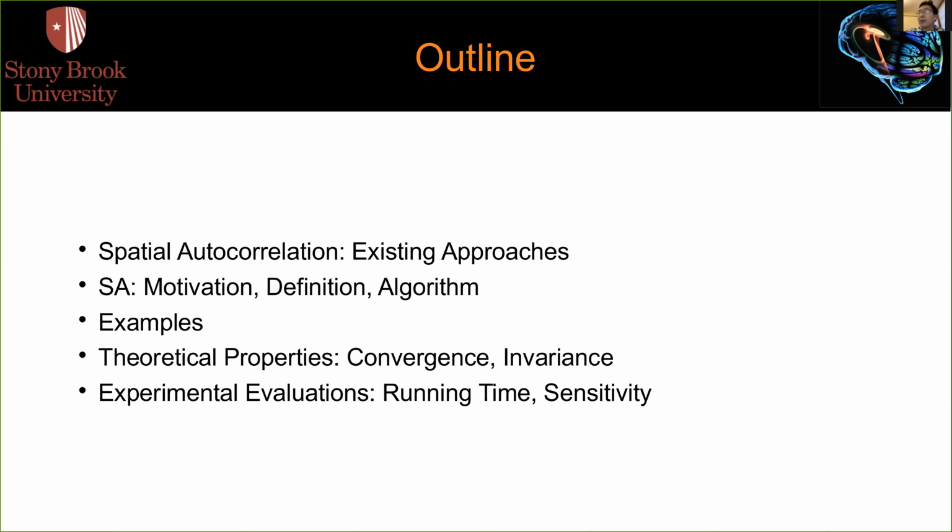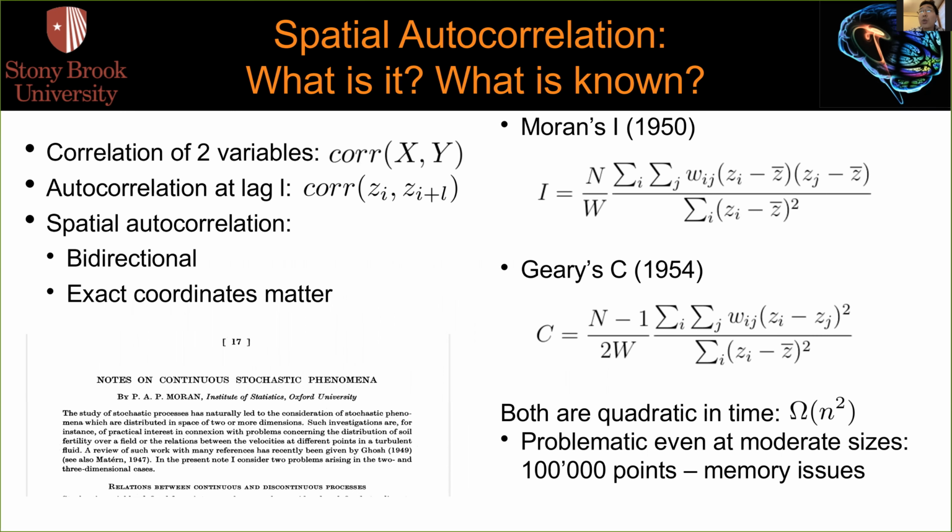So what is spatial autocorrelation? Well, first of all, what is correlation, right? Correlation computes the level of association of two variables, in this case, X and Y, and it gives a scalar number. Autocorrelation instead computes the association of variable Z with itself, but with some lag.